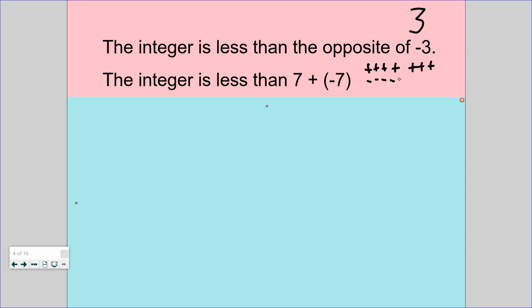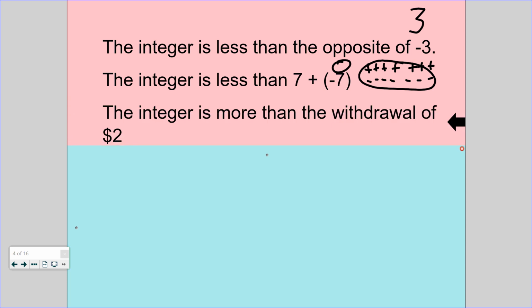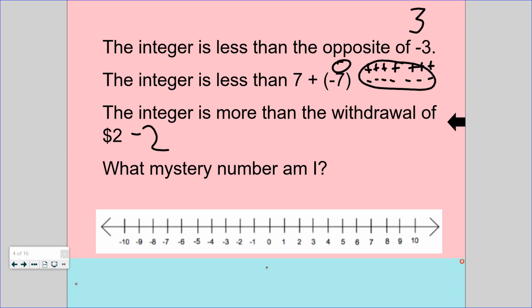Aren't those all 0 pairs? 0. So it's less than 3 and less than 0. So it's a negative. The integer is more than the withdrawal of $2. What is a withdrawal? When you go to the bank or ATM, you withdraw $2. You're taking $2, so -2. So it has to be less than 3, less than 0, but more than -2: -1.